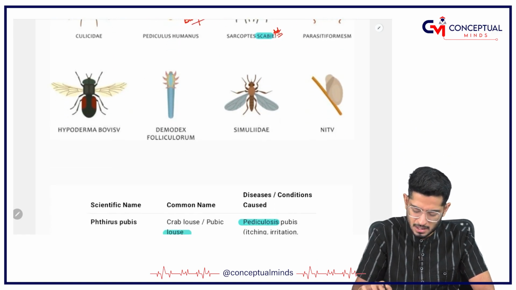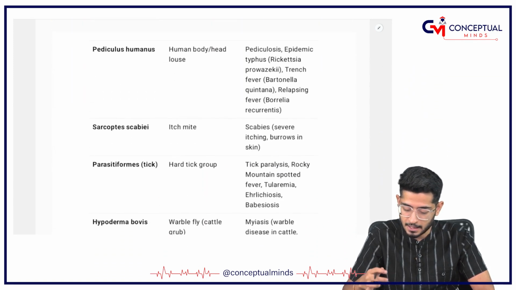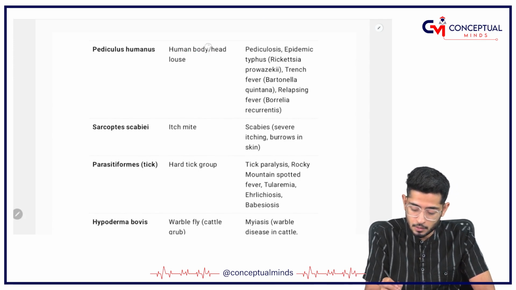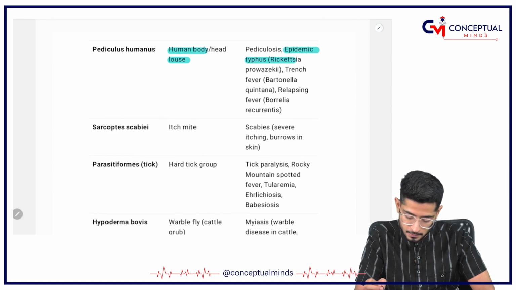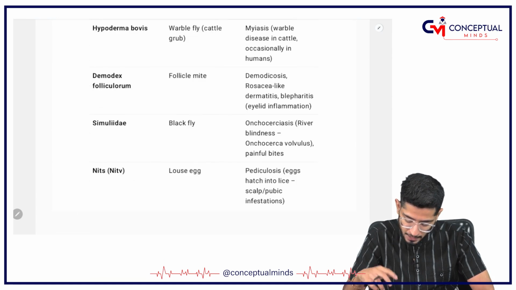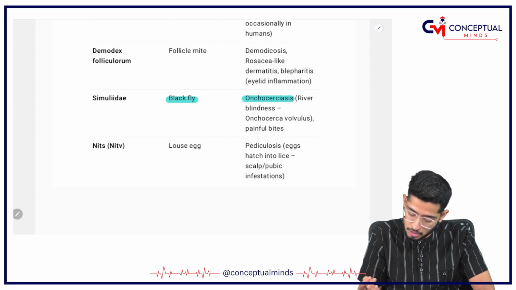These are important. Although PSM people deal with this in greater detail, still I am just trying to tell you. Then comes the human body louse or head louse causing epidemic typhus, all these things we have discussed. And then you have onchocerciasis, black fly, this is important.